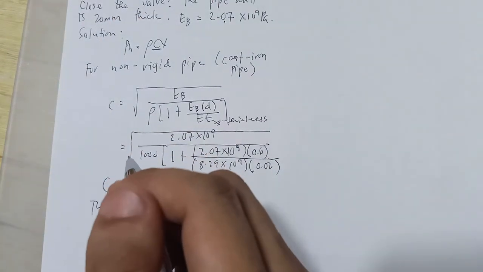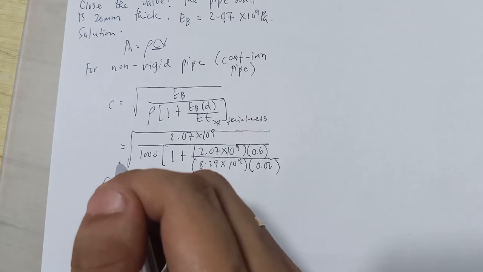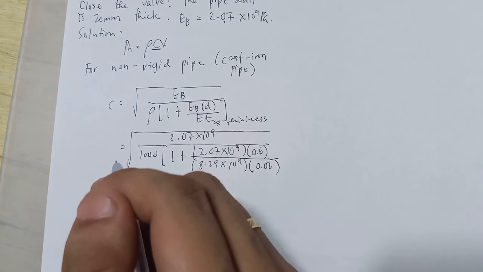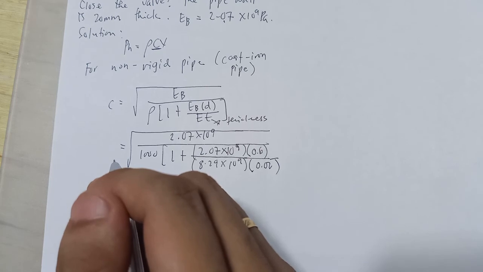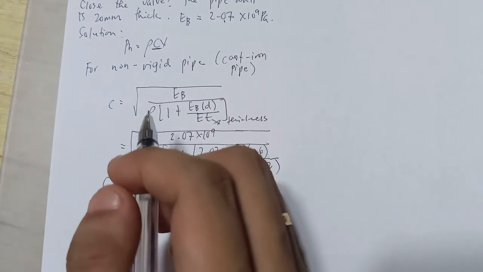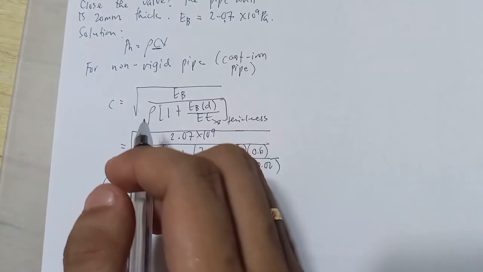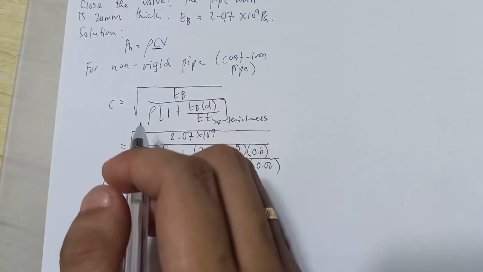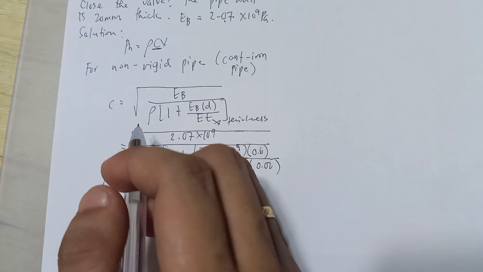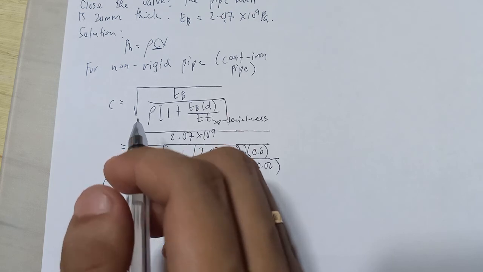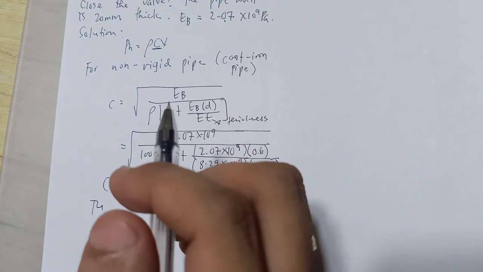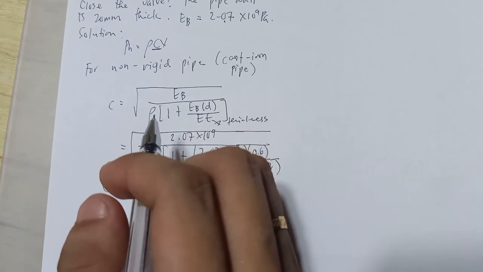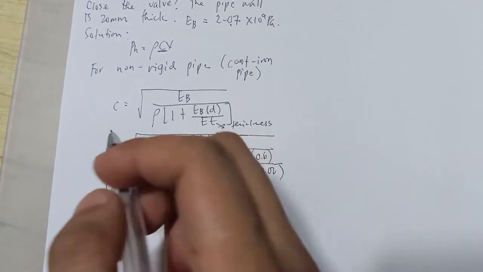So we have solved for the velocity of the wave. But we should first identify if the closure is rapid, instantaneous, or slow.